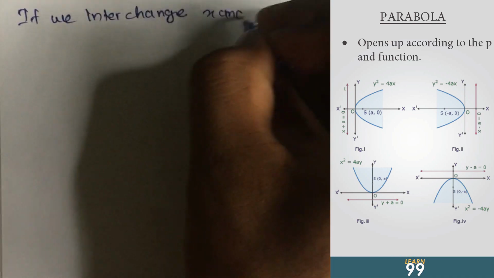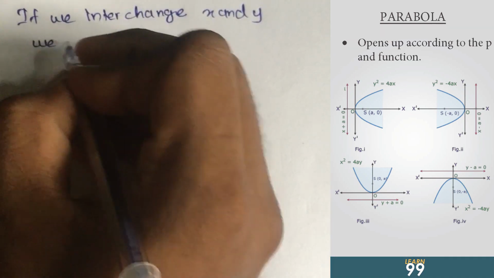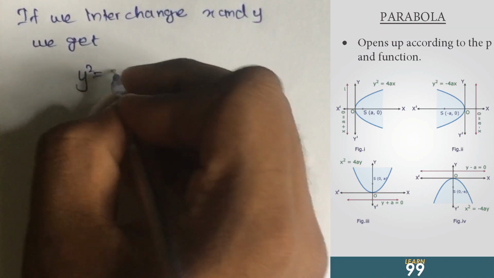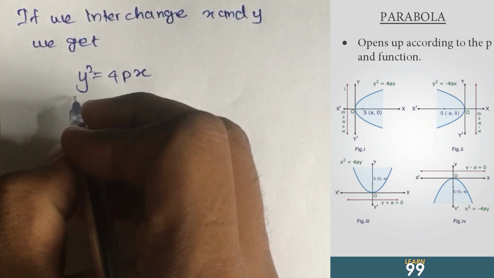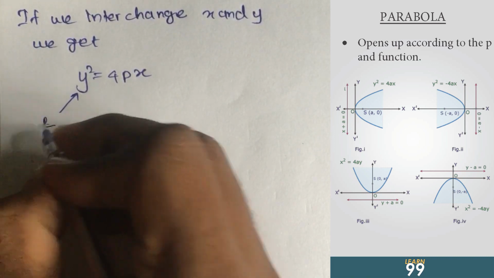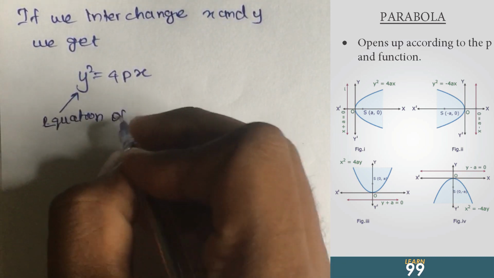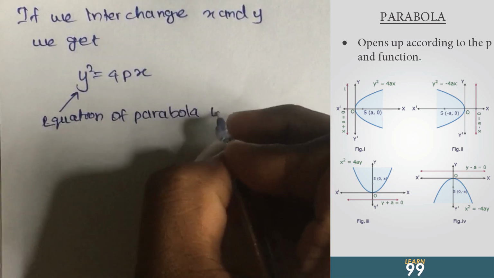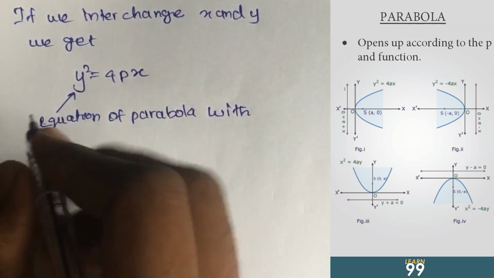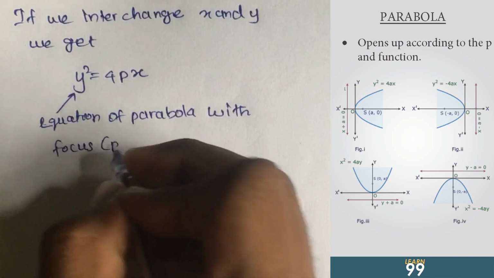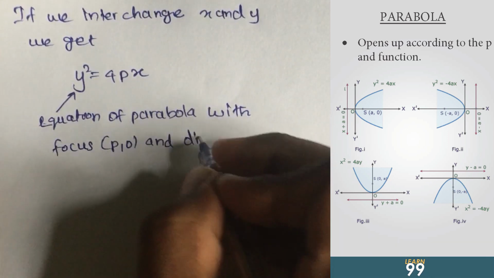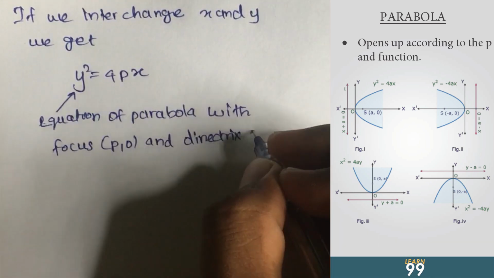If we interchange x and y, then we will get y squared equals 4px, where the focus is (p, 0), and the directrix is x equals minus p.